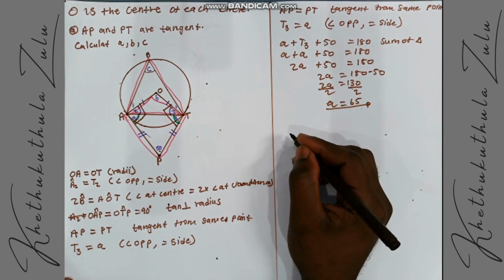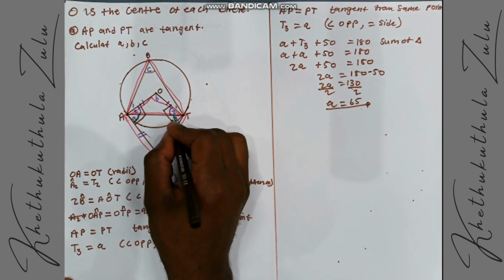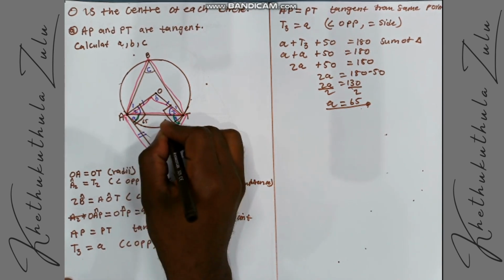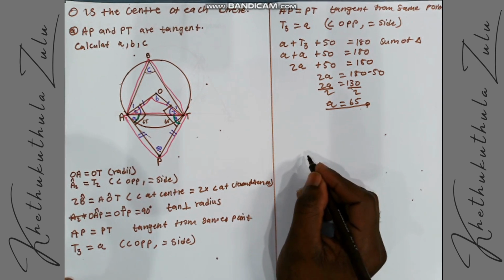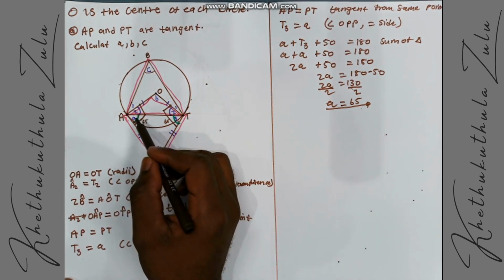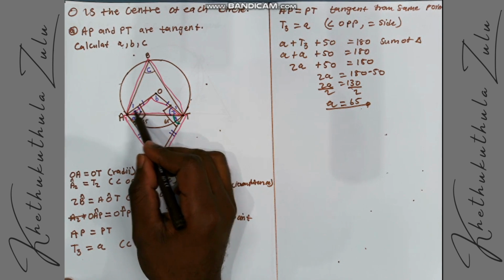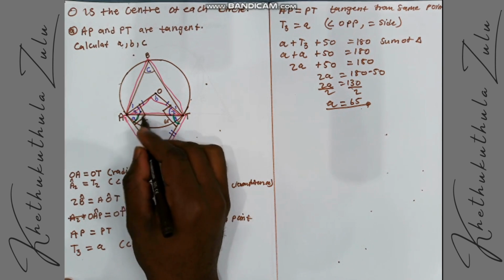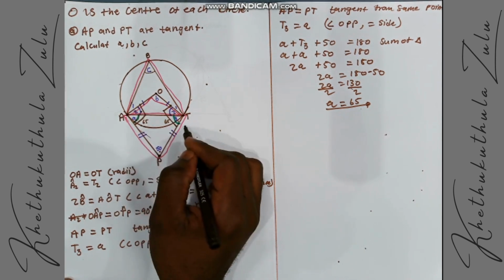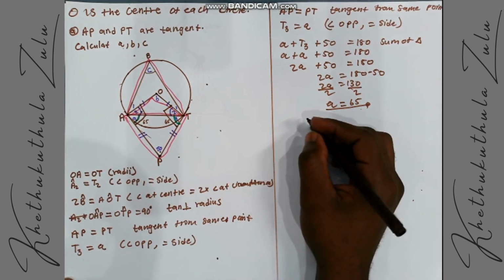Now we know this one is 65, we know this one is 65. Now we can get this one here, which is A2 and T2, by finding one of these. Let's just find the one here.